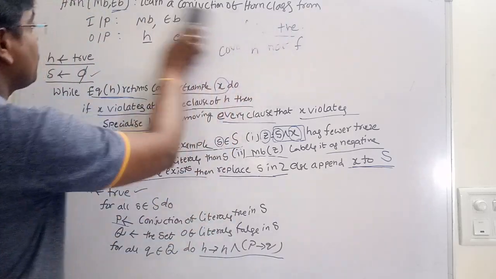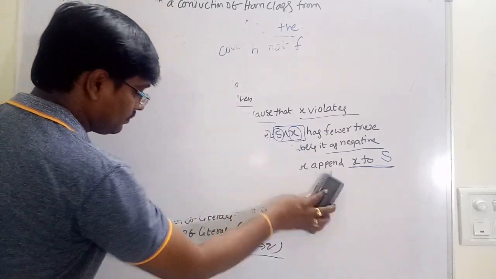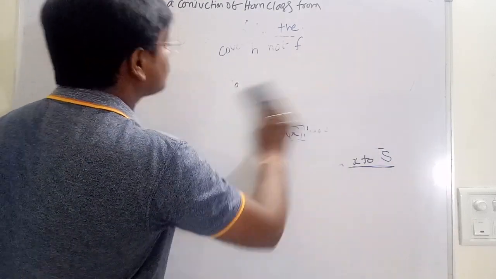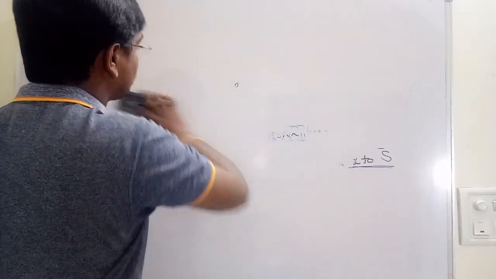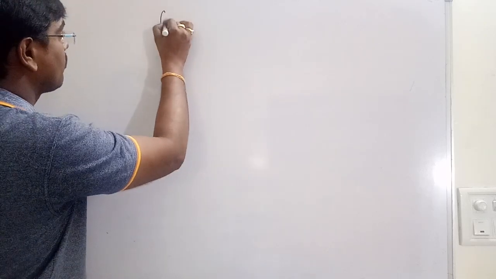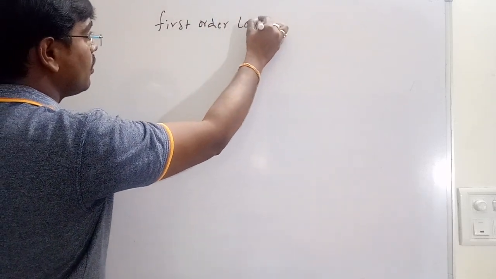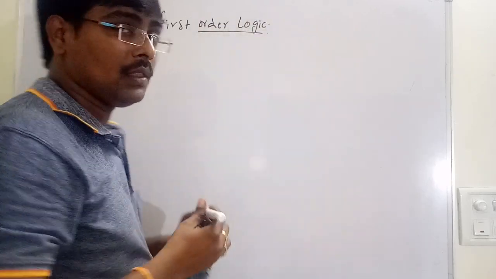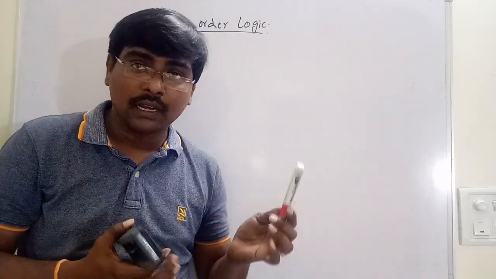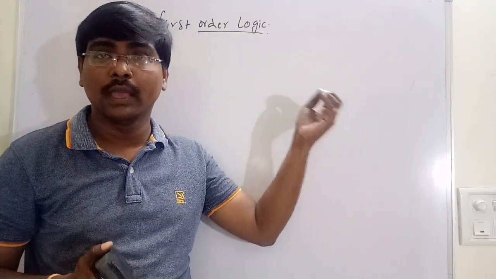The next one is first order logic. Generally, we are discussing the conjunction. Suppose Gills is equal to no, Bake is equal to yes.